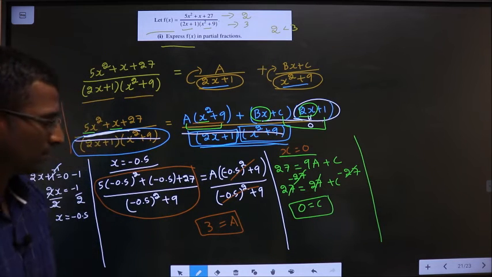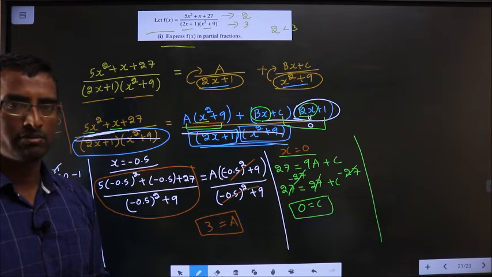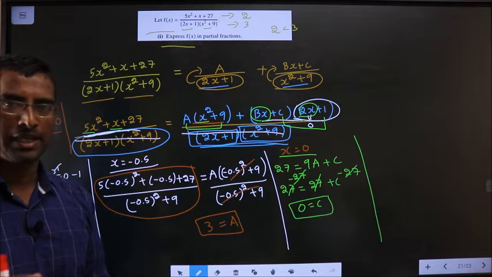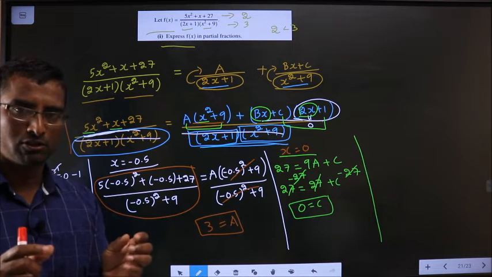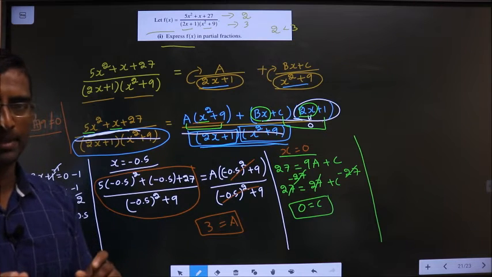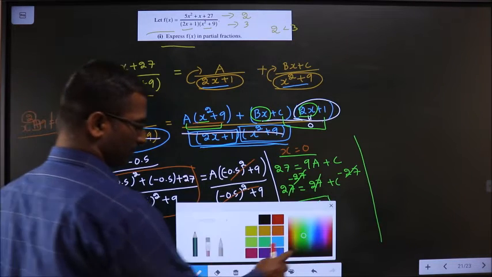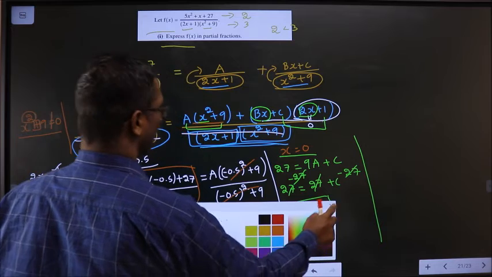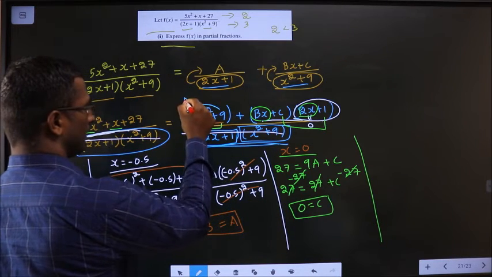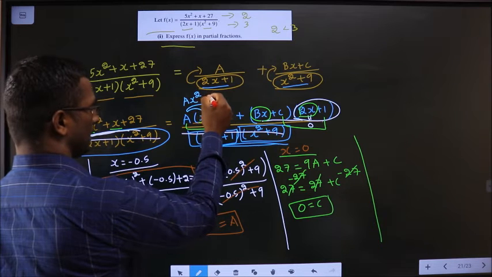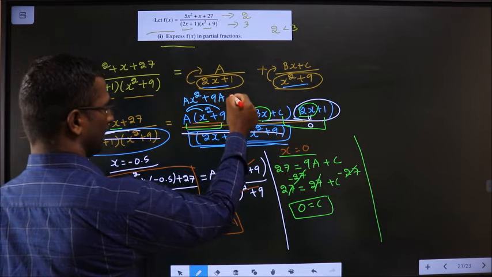Okay. Now to get the value of b, I should do comparing coefficients. Whenever you want to compare coefficients, you should open up the bracket. What do I mean is, see here. Open this bracket up. So what do I get? a x square plus 9a.